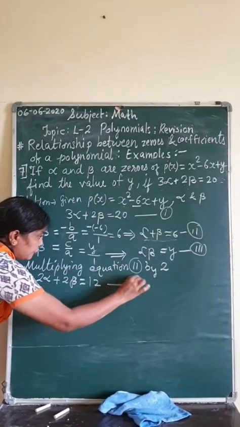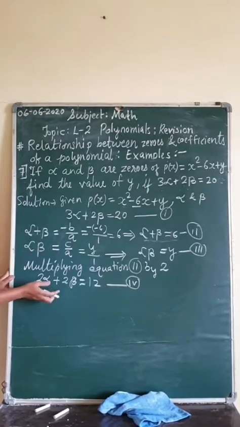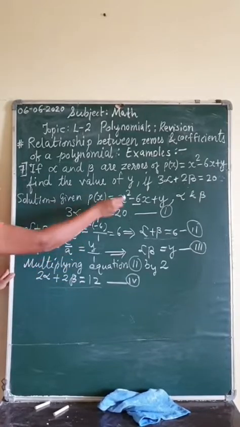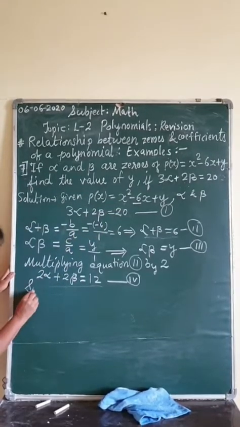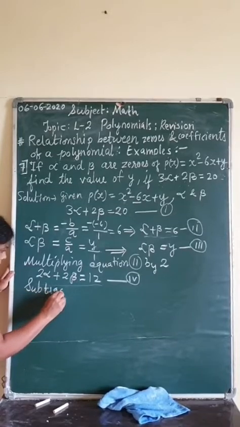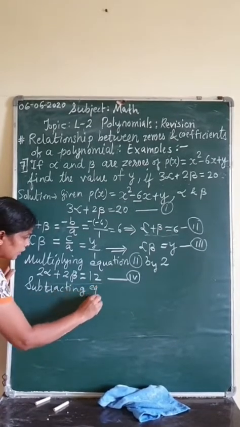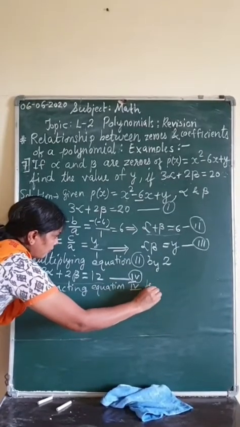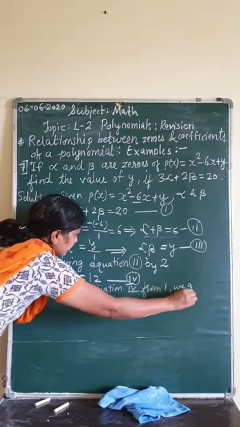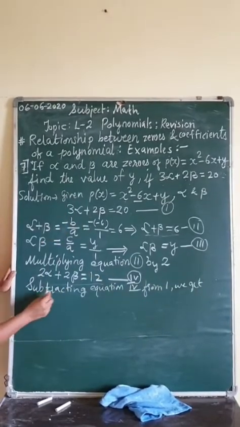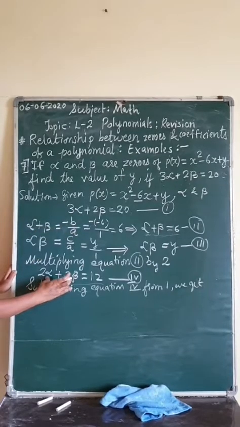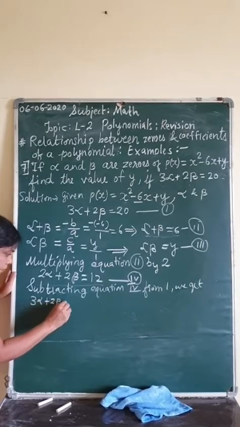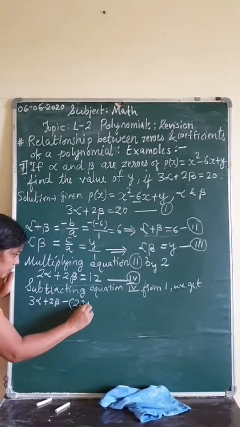Let's number it as equation 4. Now what we have to do is subtract this equation, equation number 4, from equation 1. So subtracting equation 4 from 1, we are subtracting LHS from LHS. That gives us 3 alpha plus 2 beta minus 2 alpha plus 2 beta.